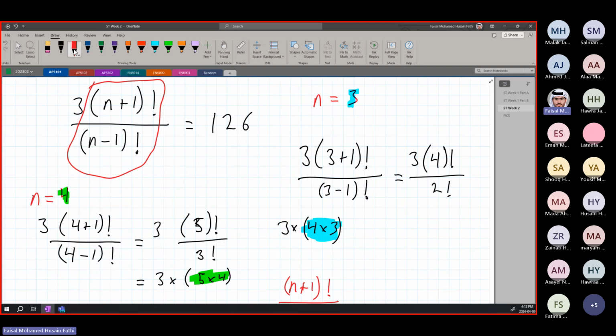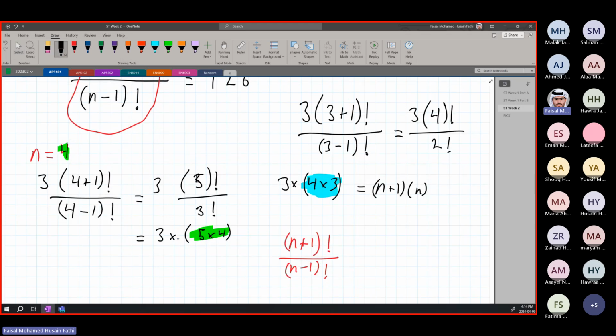And we notice that if we're comparing the 4 to this, it's n plus 1 times n, because n is equal to 3. Let's see if this is correct for the other case as well. This is going to be 3 times 5 times 4. So 5 times 4, 5 is n plus 1, 4 is n. Okay, so it is the same for each case. So we can say that this is going to be equal to n plus 1 times n.